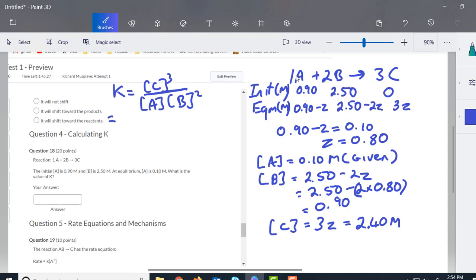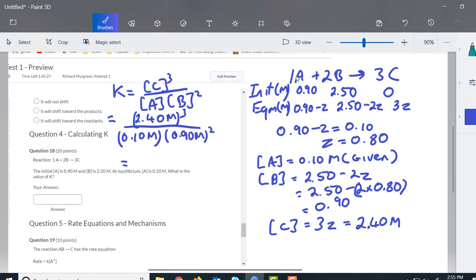So C is going to be 2.40 molar, that's cubed, divided by A, which is 0.10 molar, and B squared, which is 0.90 molar, and that's all squared.